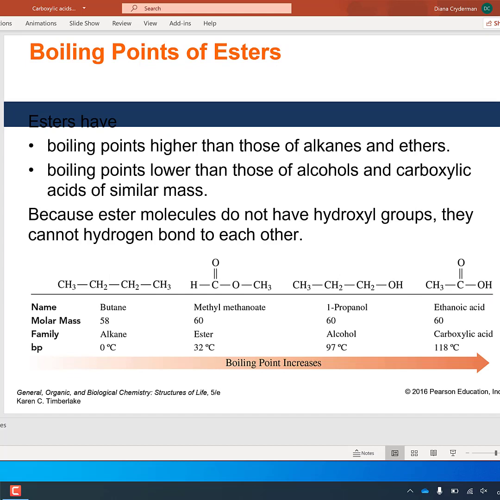The boiling points of esters are typically higher than those of alkanes and ethers, but usually lower than those of alcohols and carboxylic acids of similar masses. That is because they have this carbonyl in them, which could potentially have dipole-dipole interactions, but they don't have the capability of forming any type of hydrogen bonding with themselves.